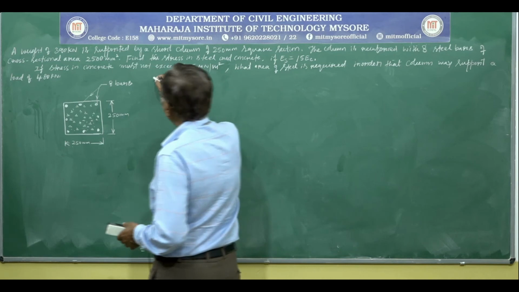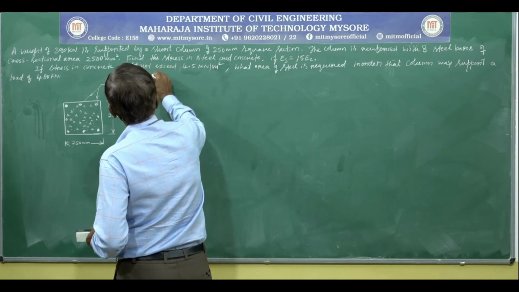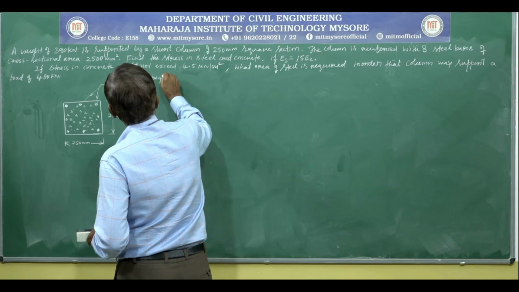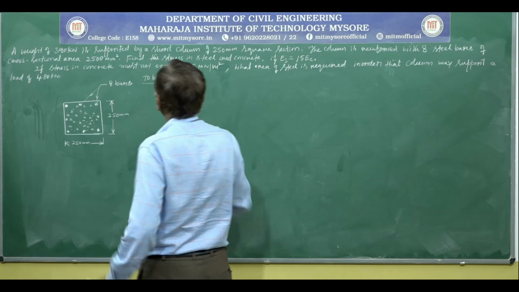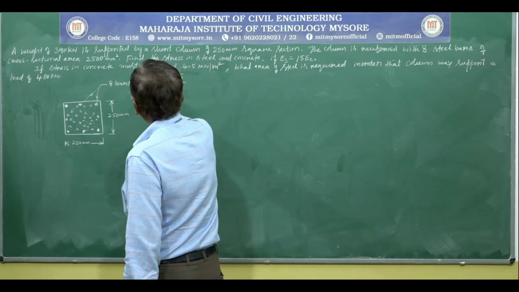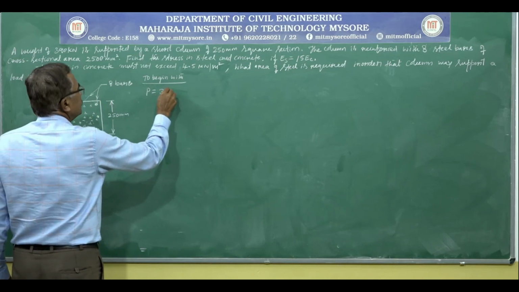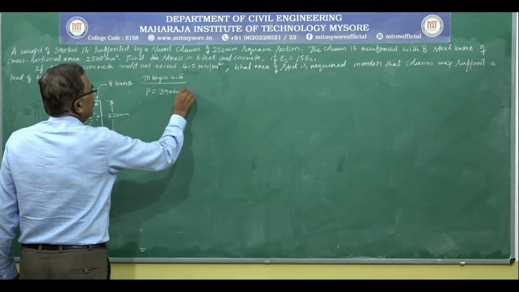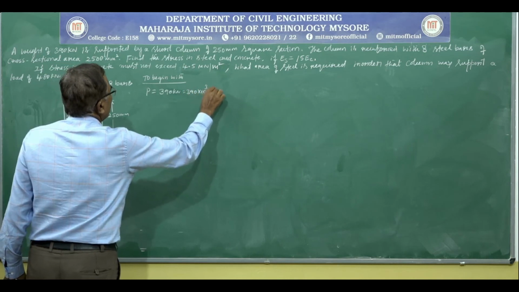Next, to begin with, P is equal to the load coming on the column, P is equal to 390 kilonewton, that is equal to 390 into 10 power 3 Newton.